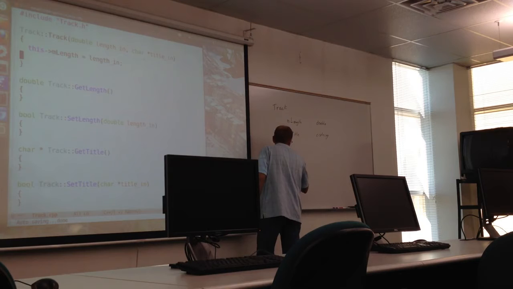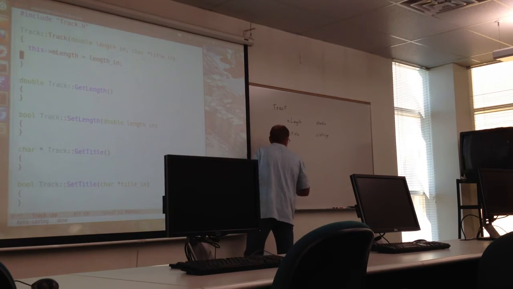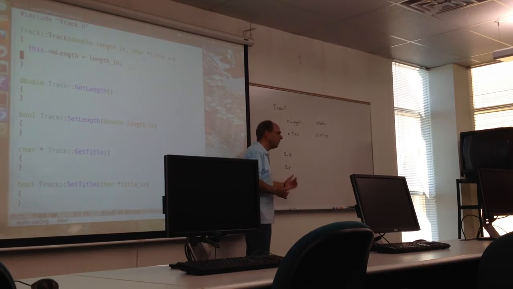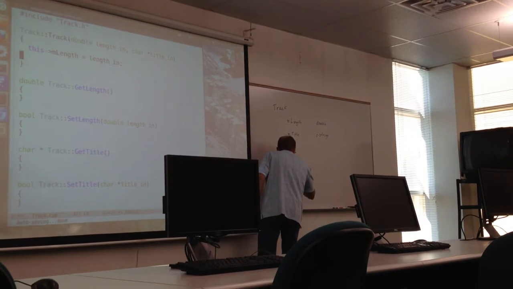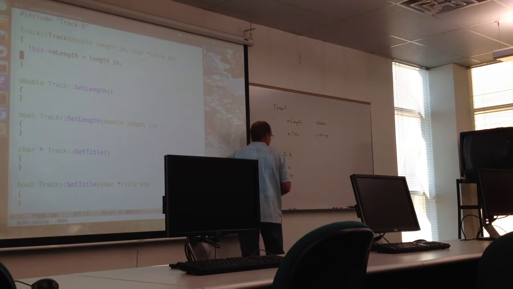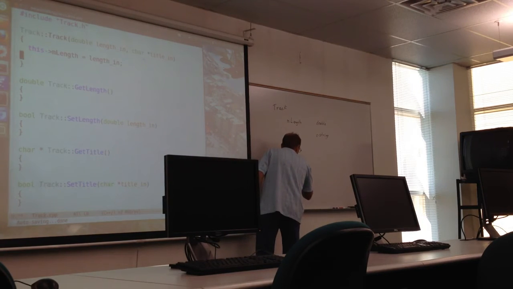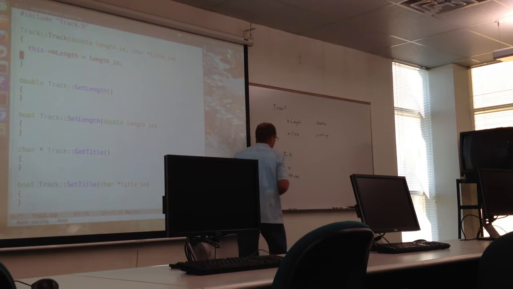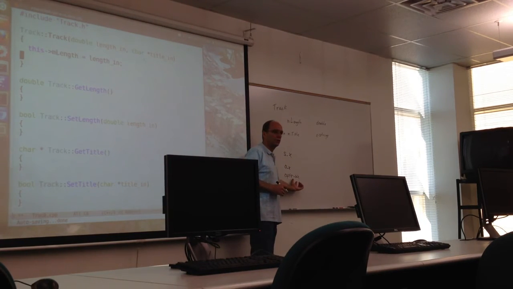So if I have an object called O and it has a data member X, I can access it like that, if O is an actual object. On the other hand, if O is a pointer to an object, I can access its data member by using the arrow operator here. This means the data member X that's located somewhere, wherever O pointer points to.